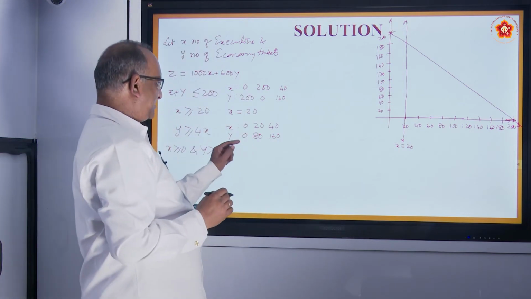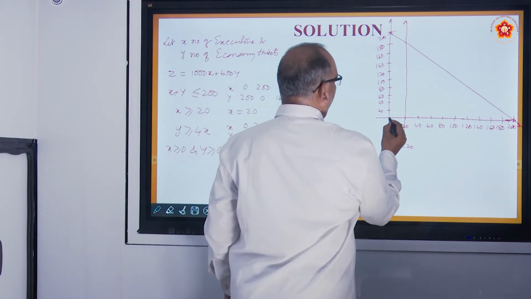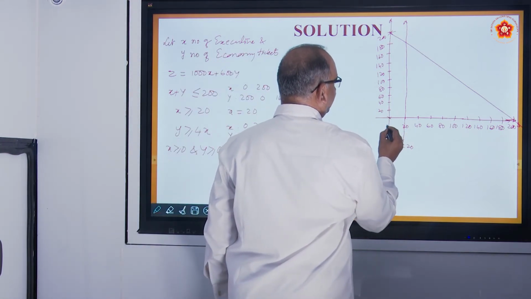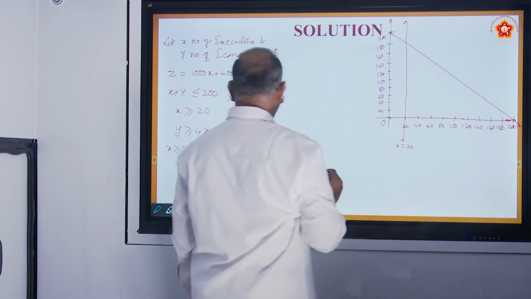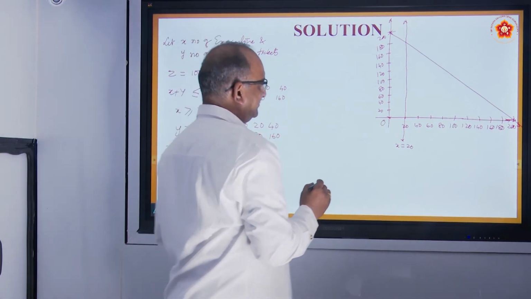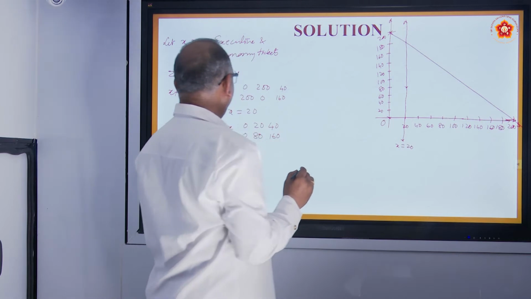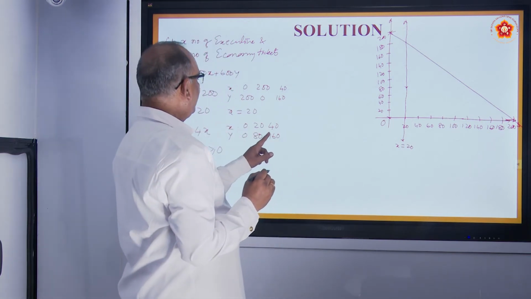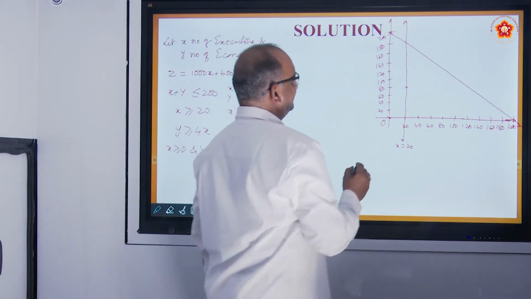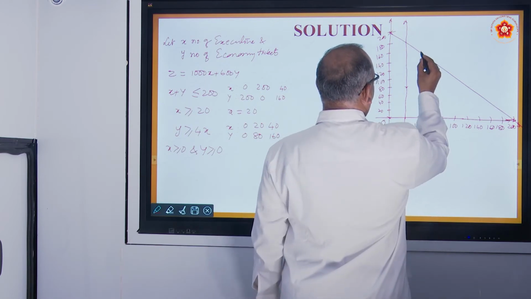Come to the last one. X is 0, y is 0. Fine. Origin itself. Then x is 20, y is 80. The point is here. Then x is 40, y is 160.